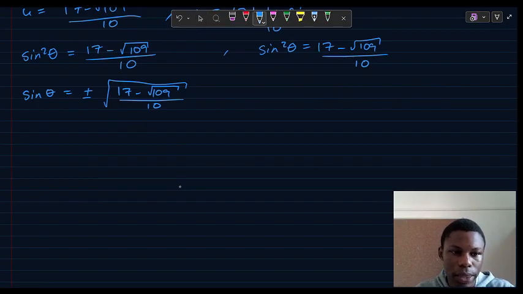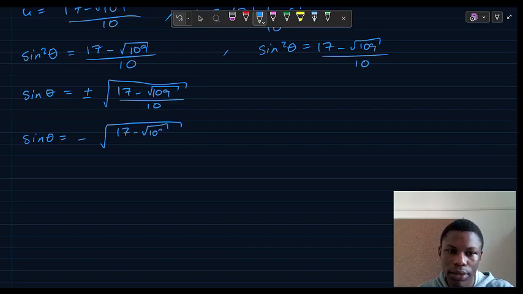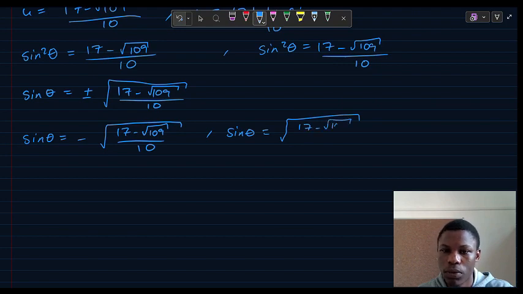So, in fact, I'll separate this as 2 equations. I've got sine theta is negative the square root of 17 minus root 109 over 10. And then I'll have the positive one, sine theta is equal to positive the square root of 17 minus root 109 over 10.